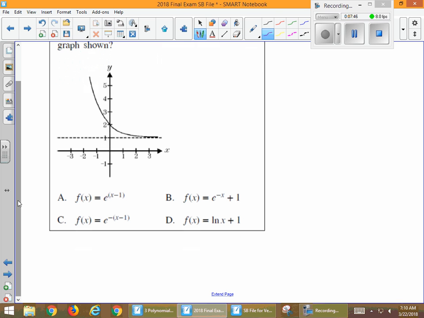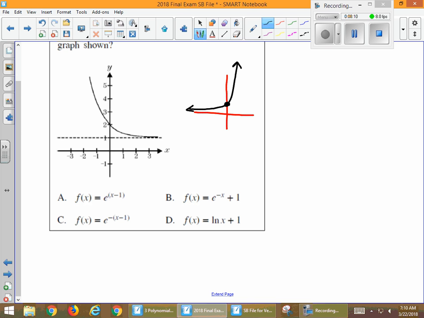All right, so this looks like an exponential to me, and all of our options are exponentials here. And it's an exponential that's flipped. So again, thinking about our parent functions, our normal exponential function looks like this.